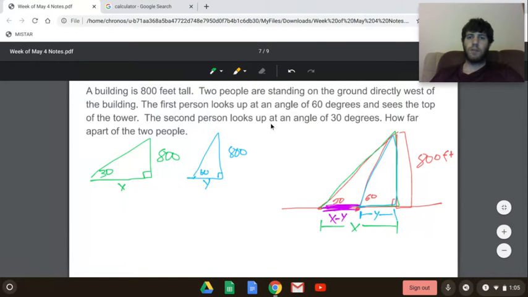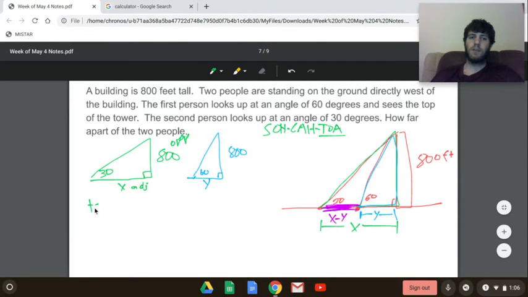All right, so let's start with the green one. Again, SOHCAHTOA is our mnemonic. We have an angle of 30 degrees. The hypotenuse is across from the right angle. The 800 is opposite, and the x is adjacent, so we have adjacent and opposite. That's going to be TOA, tangent.